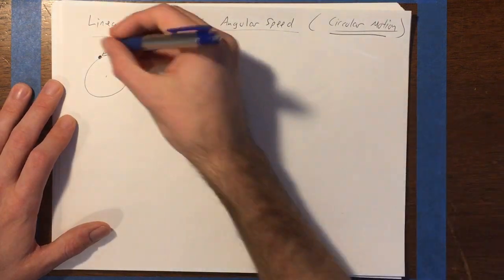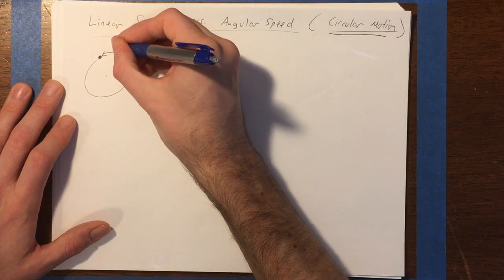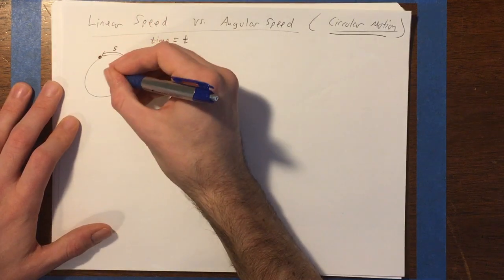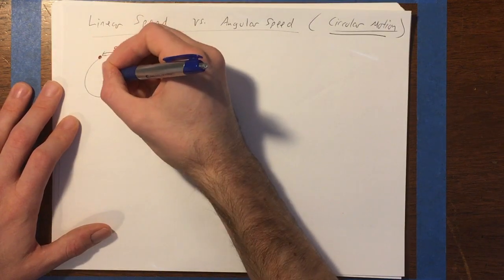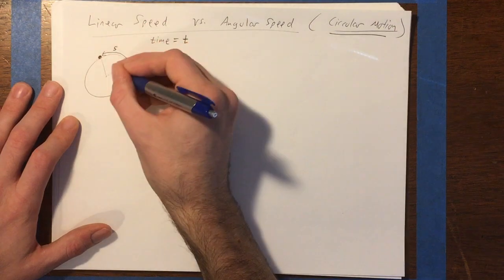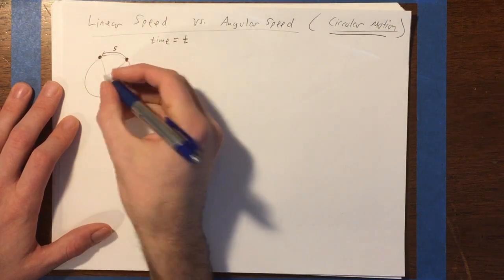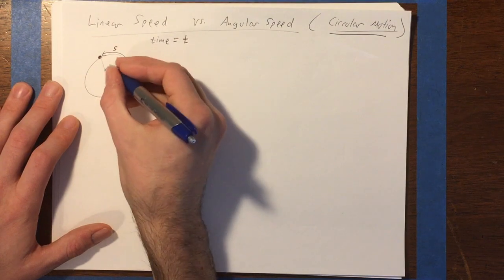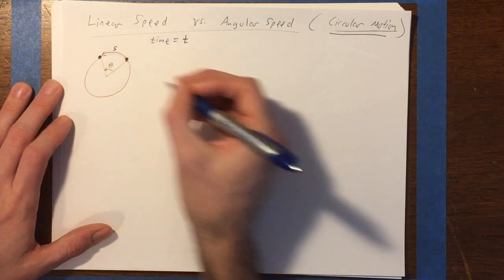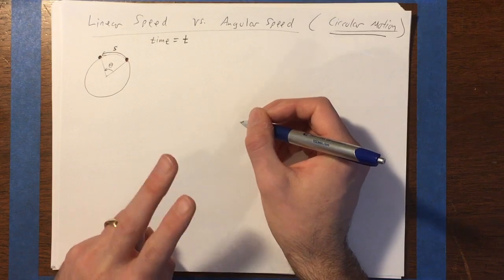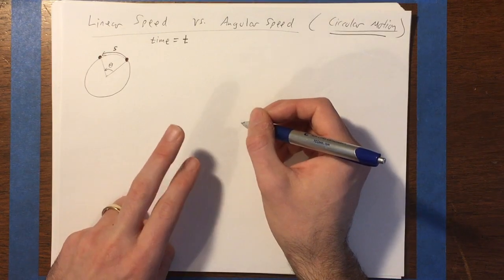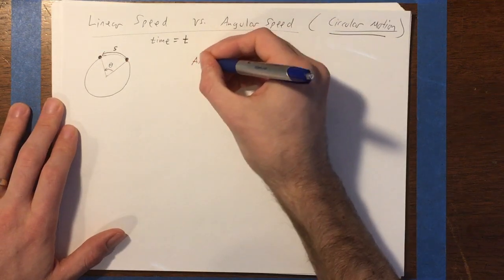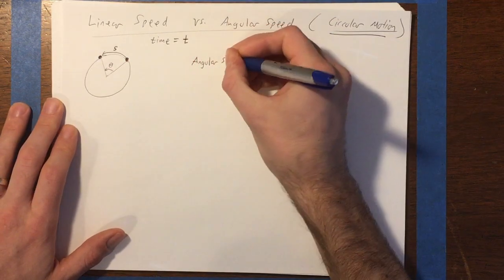The distance it moves is s, the arc length. And as it moves, the ray from the center of the circle out to the position of that object traces out an angle. That angle is theta. There's two different types of speed that you can calculate here. One type of speed is angular speed.